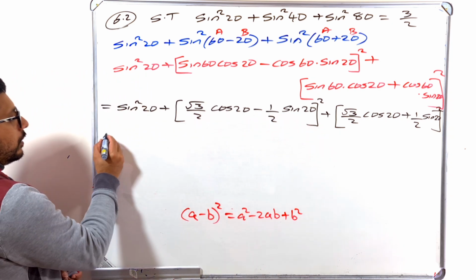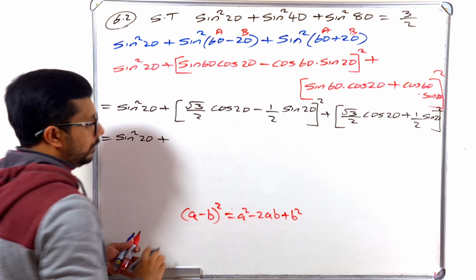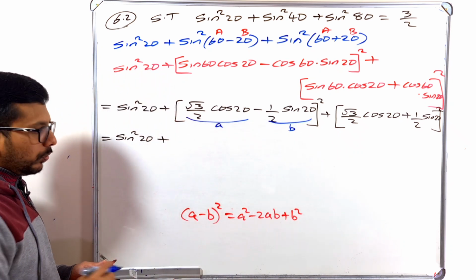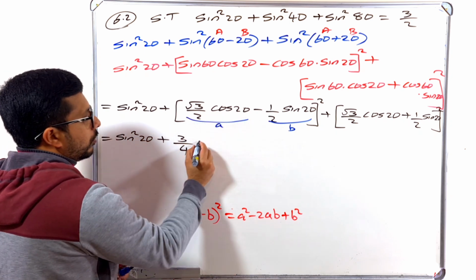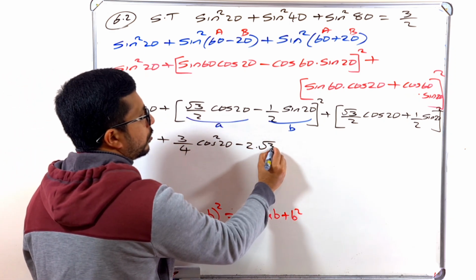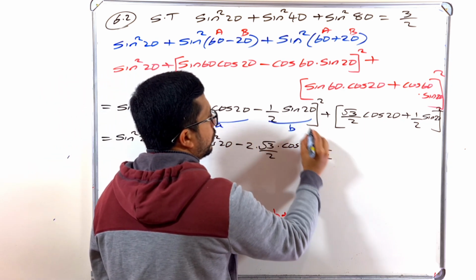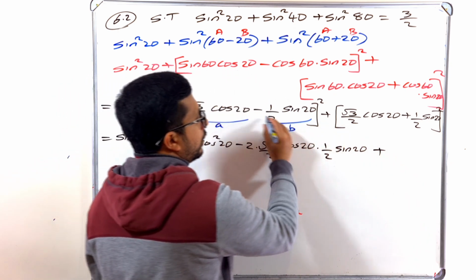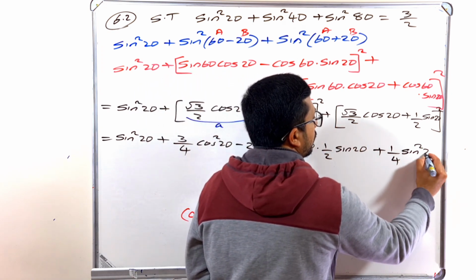Sine square 20 is here, plus a square: root 3 square is 3, divided by 2 square is 4, then cos square 20, minus 2 into a, root 3 by 2 into cos 20, into b, 1 over 2 into sine 20, then plus b square: 1 square is 1, 2 square is 4, then sine square 20.